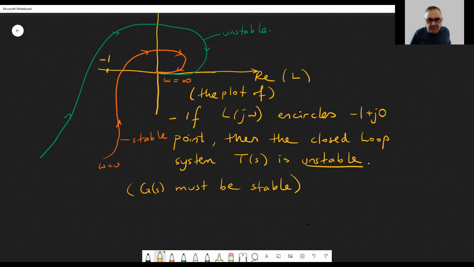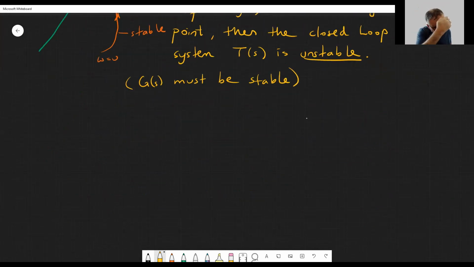For example, let's say that you have the following system. Let's say R, a simple one.